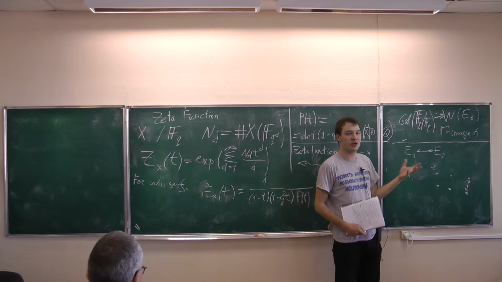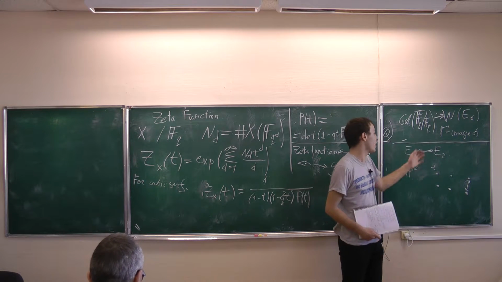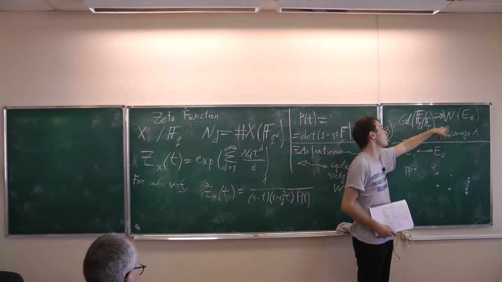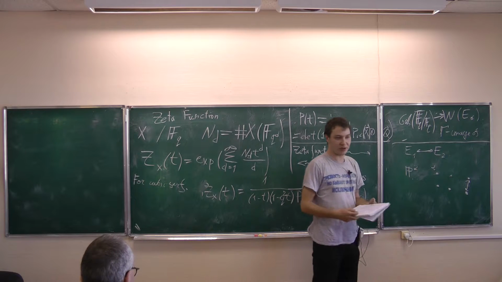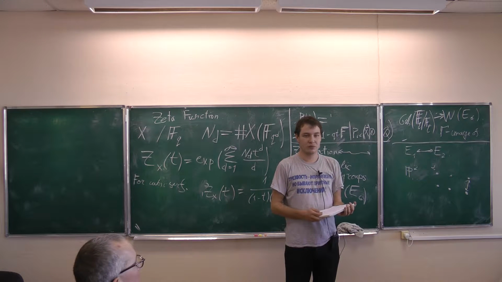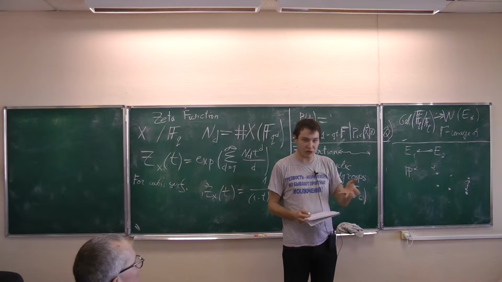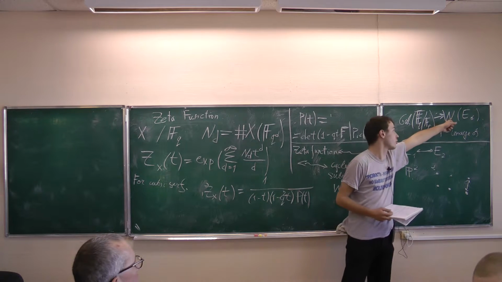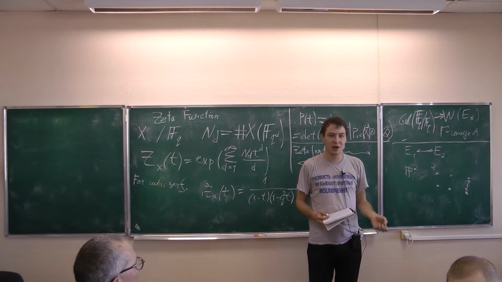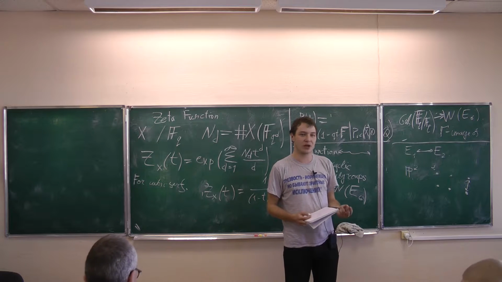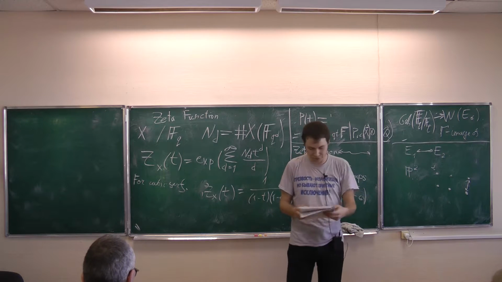So in the geometric situation, I can't realize any cyclic subgroup of this one as a geometric automorphism of a cubic surface. But actually, the good thing is that in the arithmetic case, I can do it.